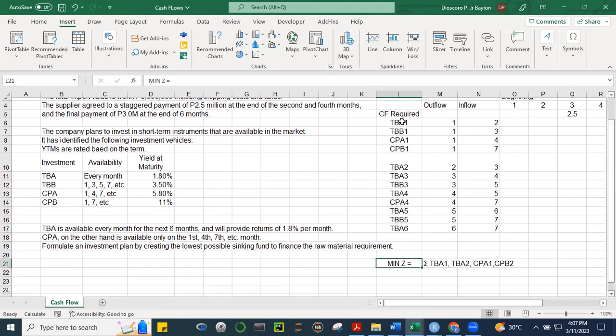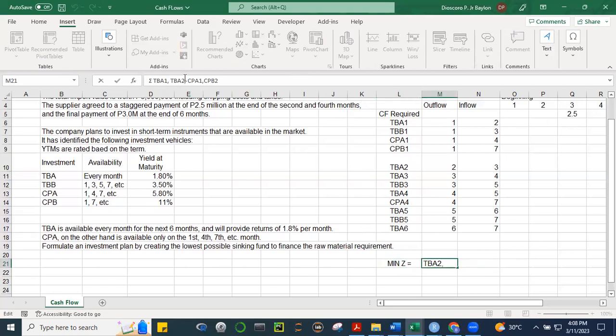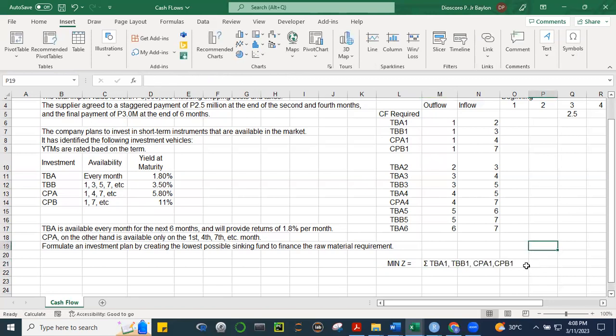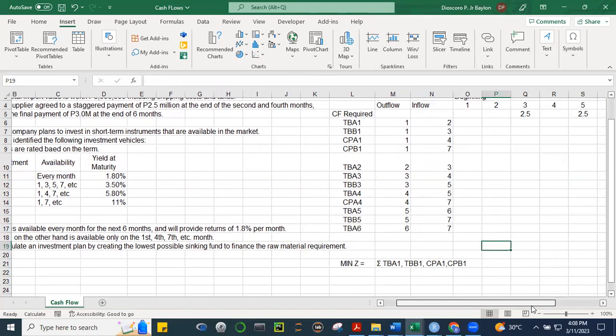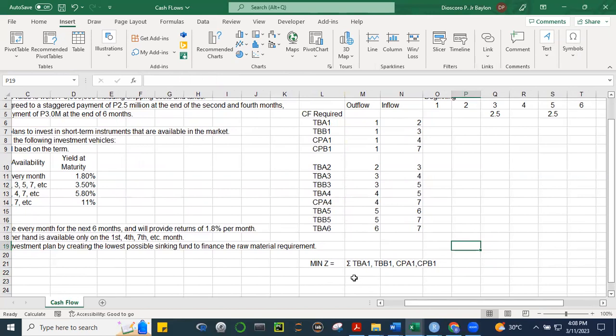So that's TBA1, TBB1, CPA1, CPB1. Okay, TBA1, I'm sorry, so this is wrong. This should be TBA1, TBB1. So this is CPA1 and CPB1. All right, so all the month ones. Okay, we would like to minimize the total amount of the sinking fund. Okay, is that clear, class?